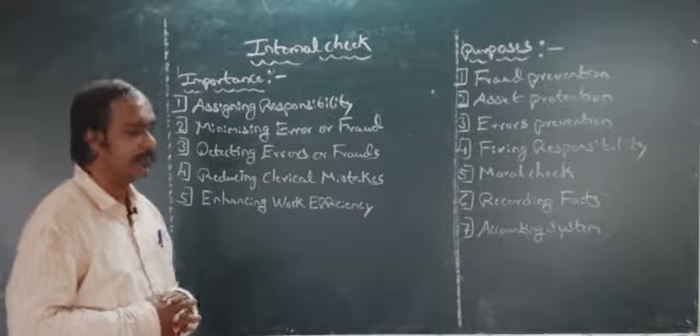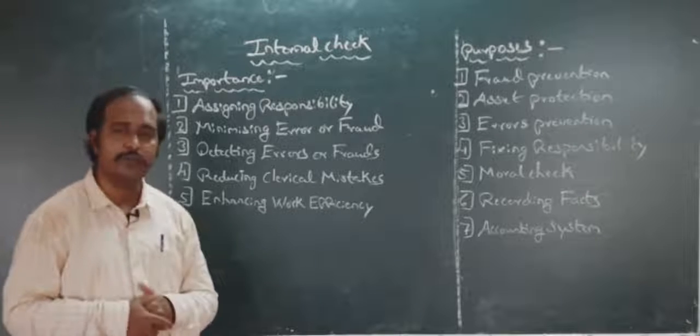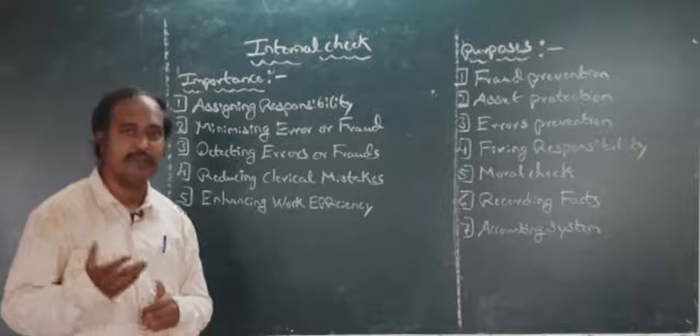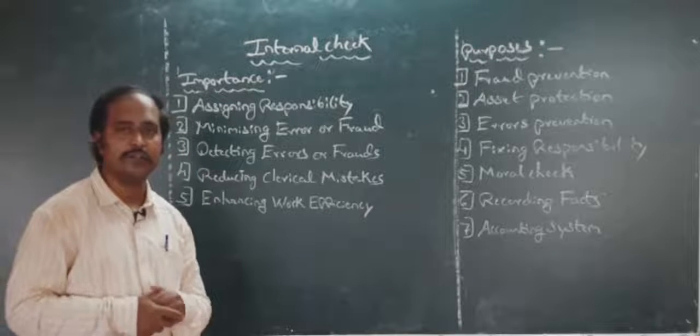Further, asset protection can be given, proper utilization of resources is also made, and safeguard to the assets is given only with the help of a better internal check system.